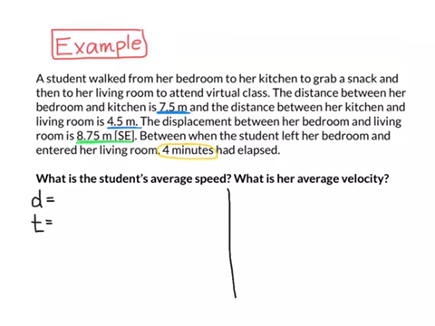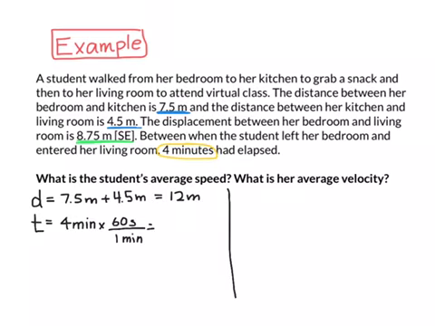So to start with speed, we need distance and we need time. Our distance is going to be the total distance she walked, which is 7.5 meters plus 4.5 meters. So in total, the student walked 12 meters. This journey took 4 minutes. Now we're going to put that into seconds, so we have a speed in meters per second. So we're going to multiply that by 1 minute, and there's 60 seconds.